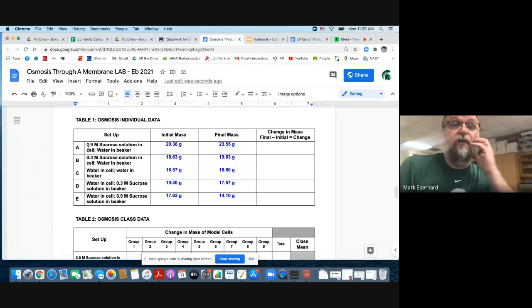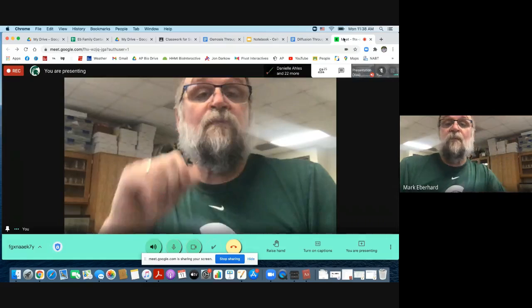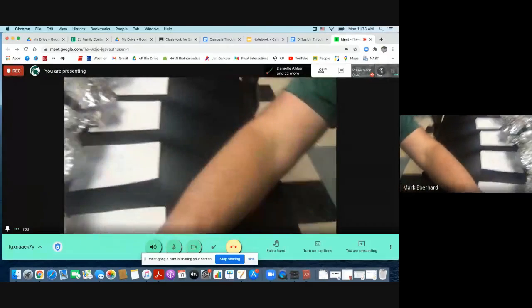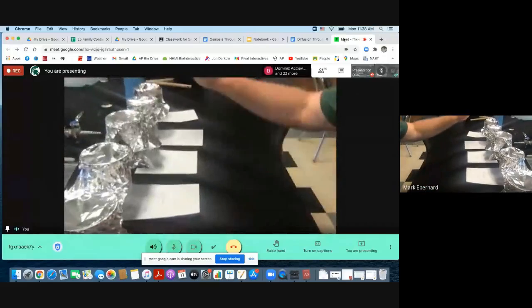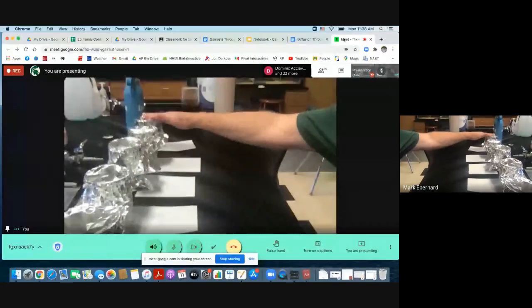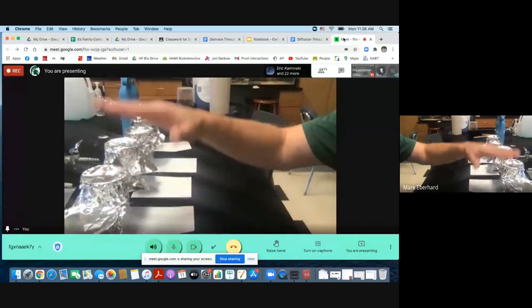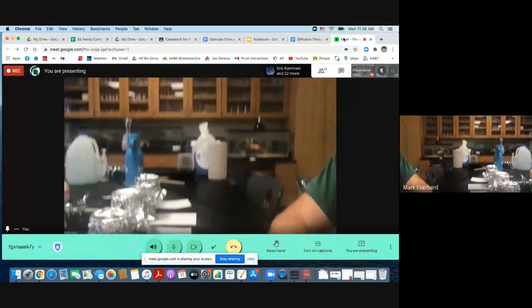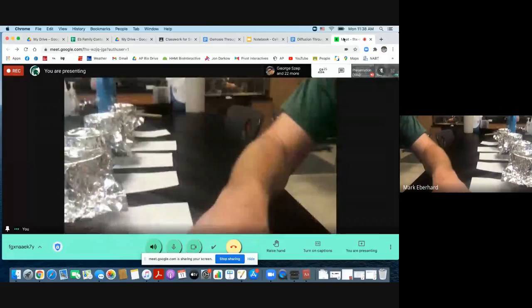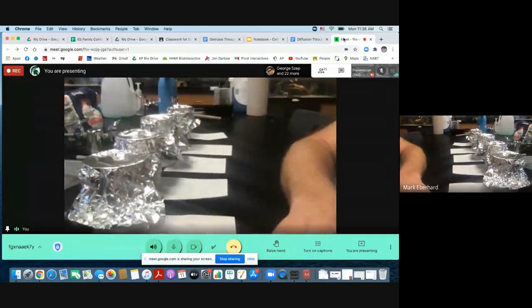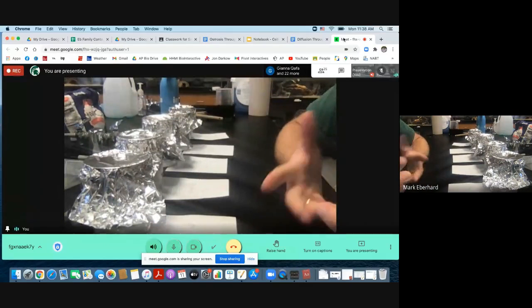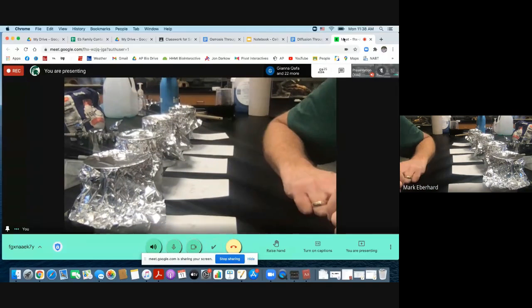And that's what I'm showing you here on the screen: beaker A, B, C, D, and E. I have tin foil on them, mainly so that as they sat overnight, water was not evaporating and affecting results.